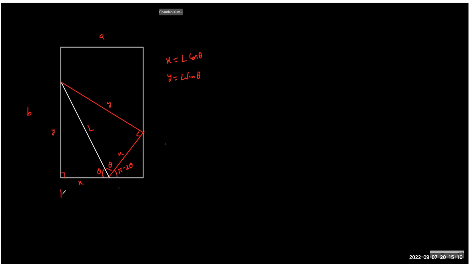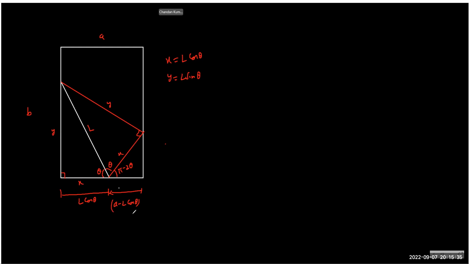So this entire length is A. So if this is L cos theta, this will be how much? A minus L cos theta, right? So we can write like this.